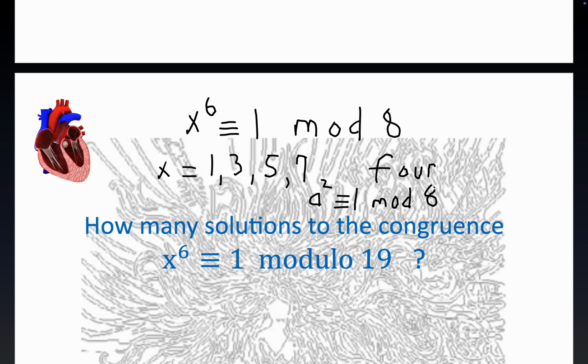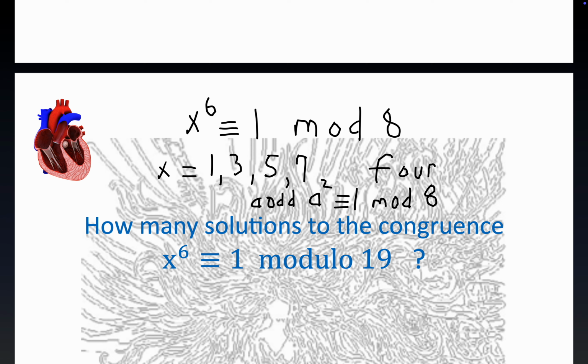Okay, and again, this is true for a odd. A is odd, and the only odd numbers up to 8 are 1, 3, 5, and 7. So there's 4 solutions, and again, you can prove this on your own, or you can just check by inspection.